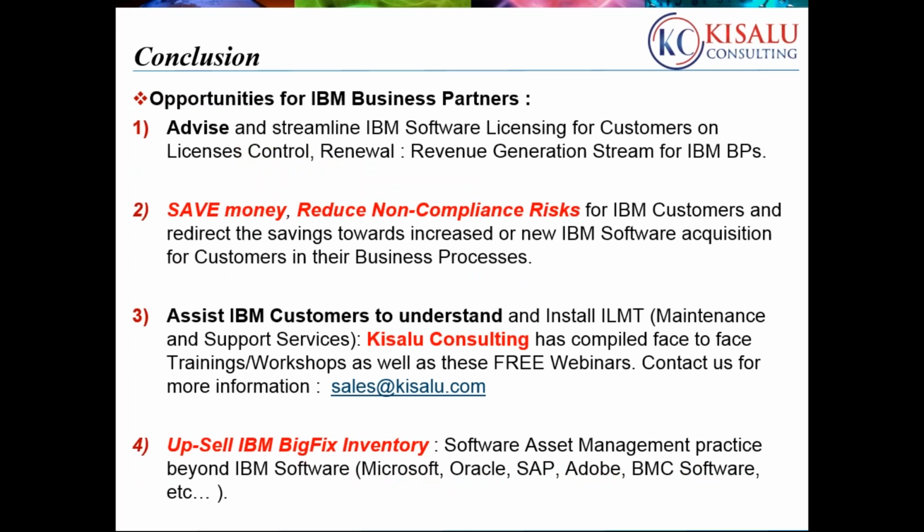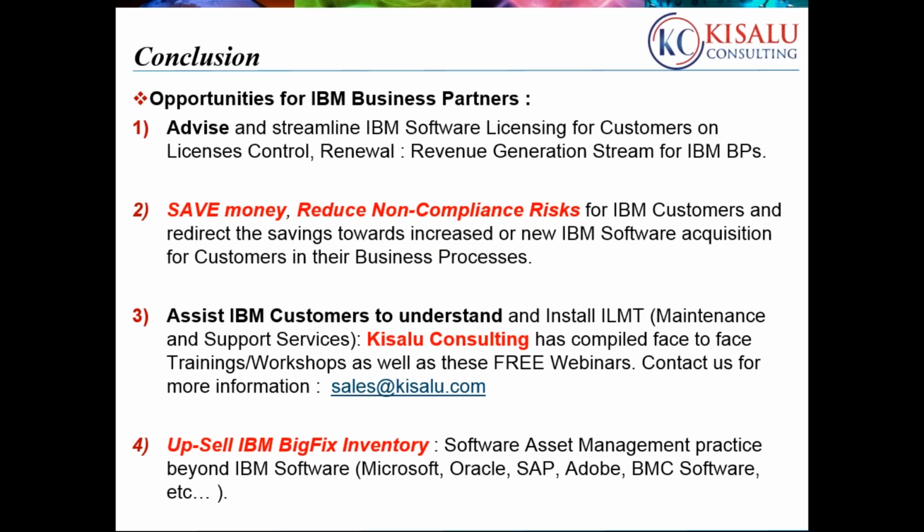What are the opportunities that we see for business partners? They can advise, streamline the software licensing for customers in terms of license control, renewal. They can also generate a stream of revenues in the process for themselves.